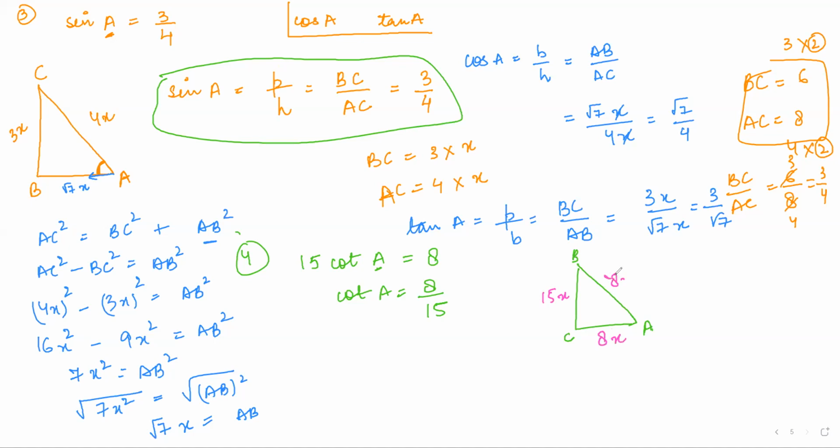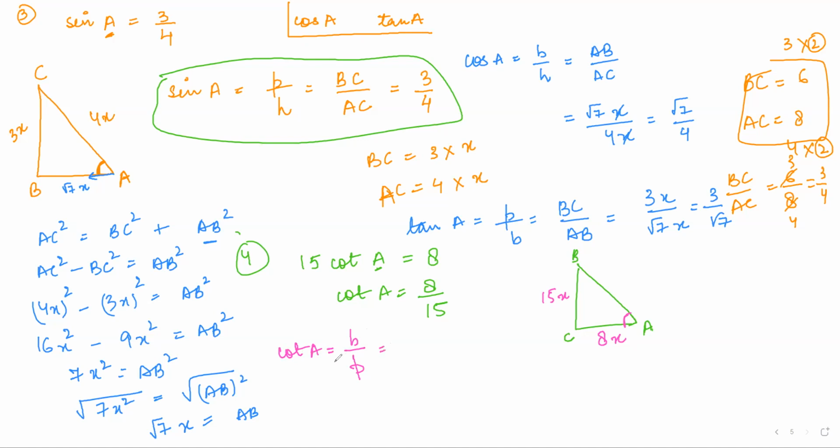Okay. So you have to name the sides, because I don't know which one you are taking as base, since you're taking angle A. So here AC is base, BC is perpendicular. See, Arshia, cot of A means base upon perpendicular.